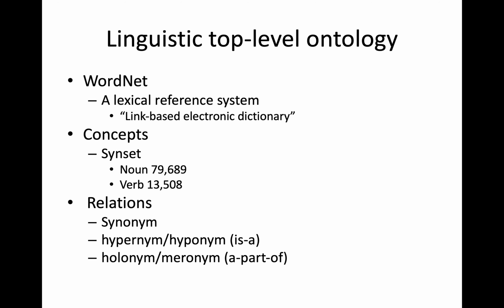It's an open source kind of dictionary, so that is one type of linguistic ontology. It has 79,689 nouns and 13,508 verbs.